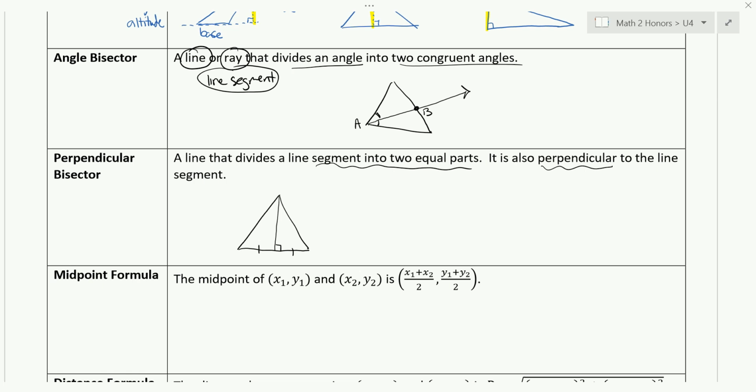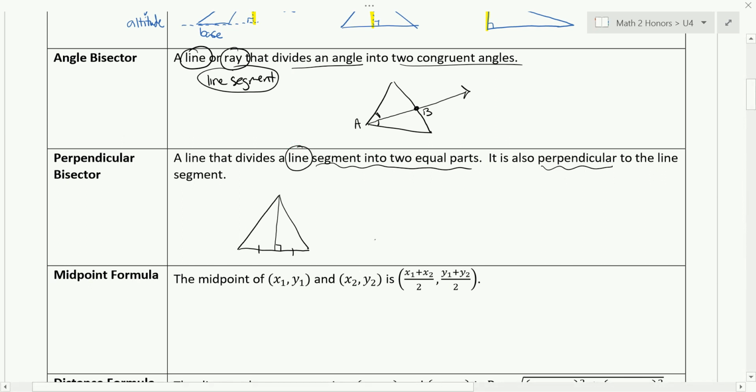Is it connected to a midpoint? Does it have to be connected to a vertex? Does it say anywhere in the definition that it has to be connected to a vertex? Okay. Also, why else is this not a median? It doesn't say it has to be a line segment. It could be a line.